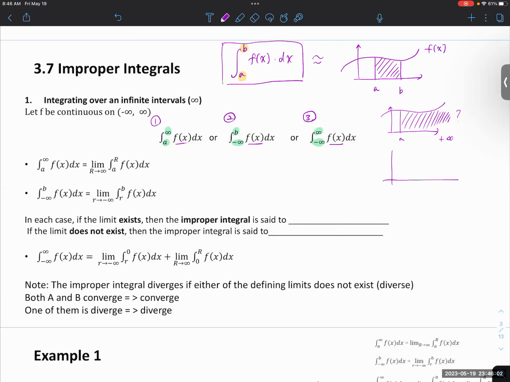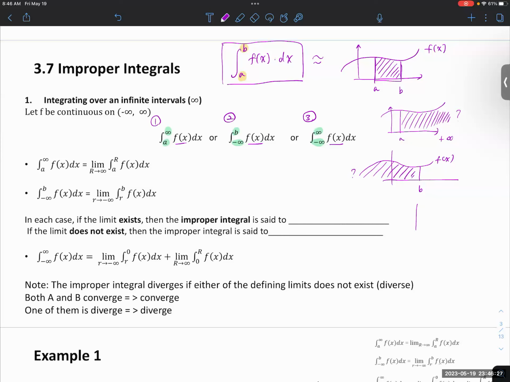Second case, what do you guys think? We have a function, and then you stop at b, but you came from all the way from negative infinity. How would you be able to find out that area? We don't have a specific interval from a to b. With improper integrals, we are going to have an infinite interval.